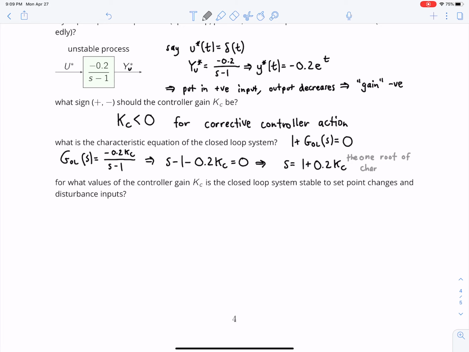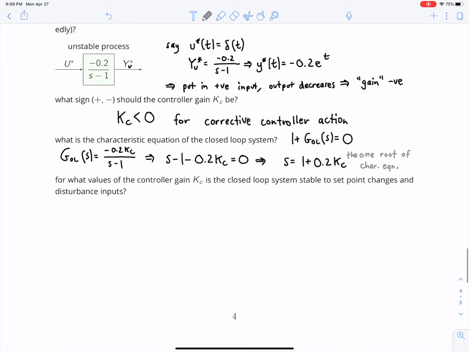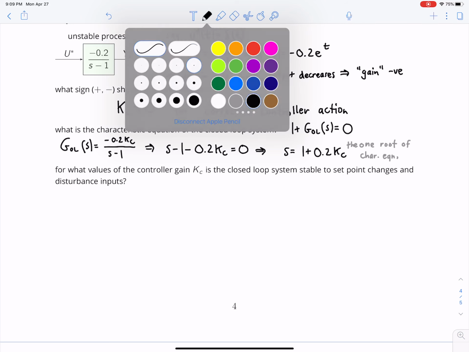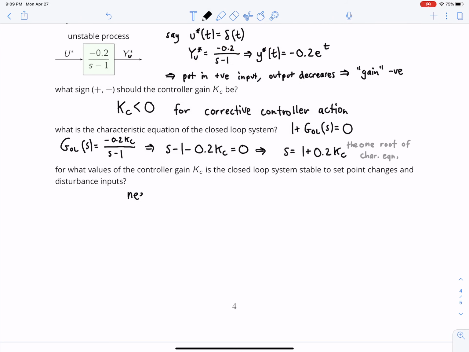What we want for this to be stable is for this root to have negative real part. Well, it's a real number, so we need the root of the characteristic equation, 1 plus 0.2 Kc, to be less than 0 for stability.